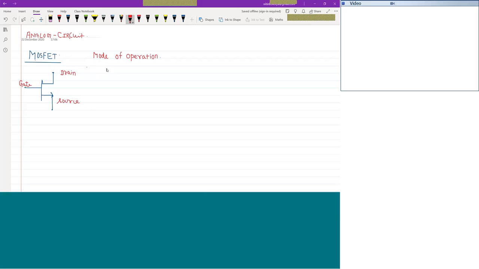First mode is when VGS is less than VTH, then value of IDS is equivalent to 0. And this mode is known as cutoff mode.